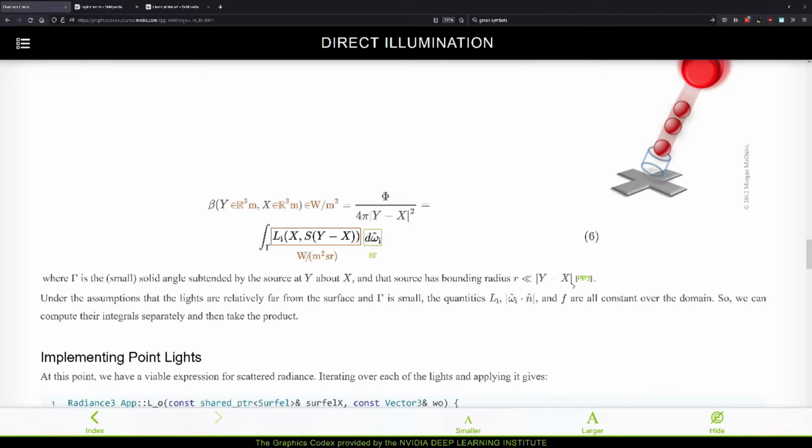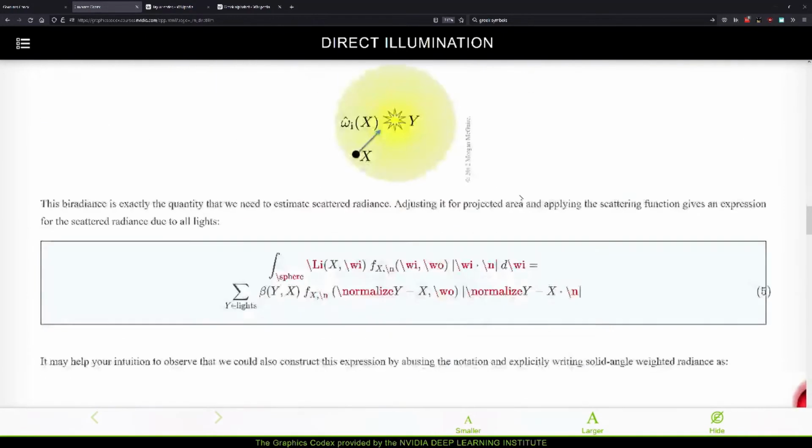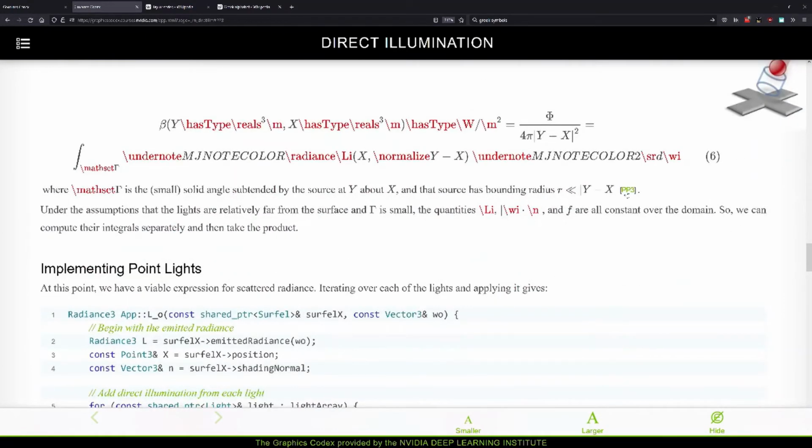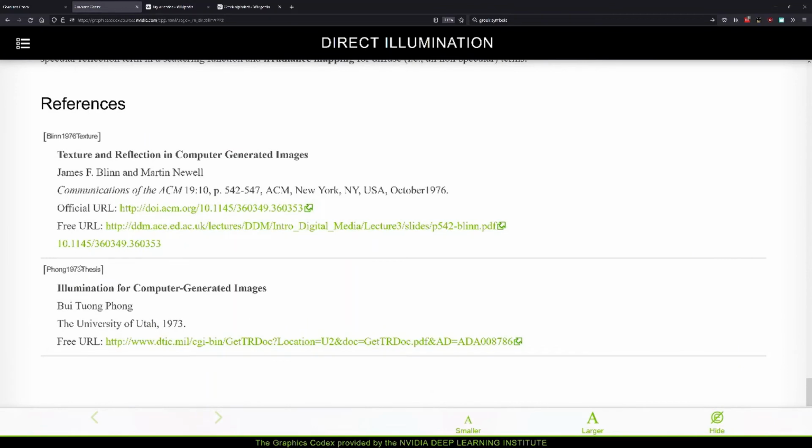What's the PP3 link? Is that a link to something? It's showing up as direct illumination hashtag PP3. I think it's in the references.